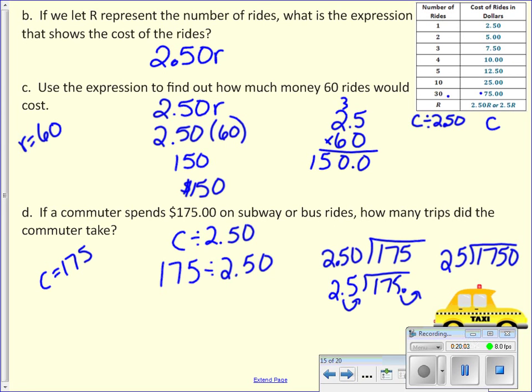So go ahead and do your division. So how many trips is that? Yep. 70 trips, 70 rides, however you want to look at it. Okay?